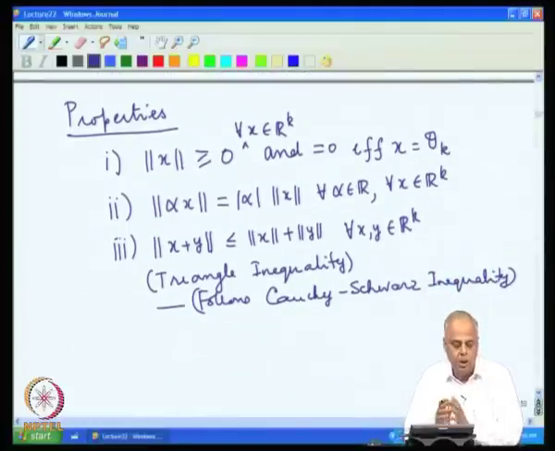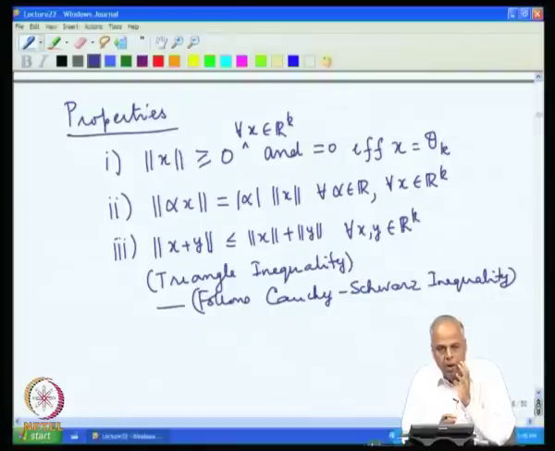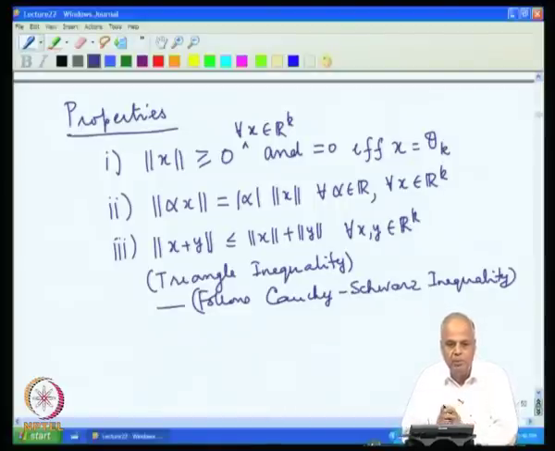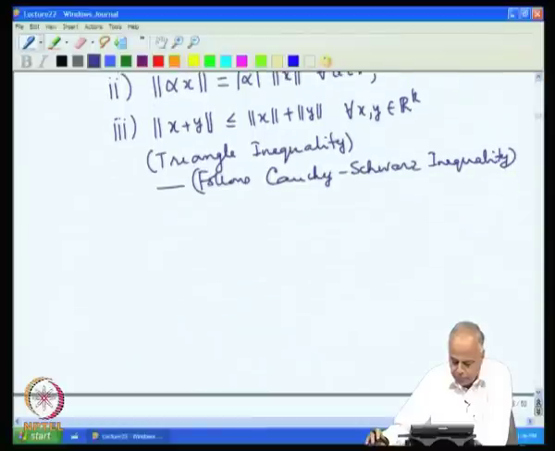So, in other words, on R k we have the inner product. The inner product in turn induces the notion of a length or the norm, and this obeys all the standard ideas that we have about length: that length should be non-negative, it should become 0 only when the vector is 0, and length should get dilated by the absolute value of the scalar multiplying it, and the triangle inequality is satisfied.